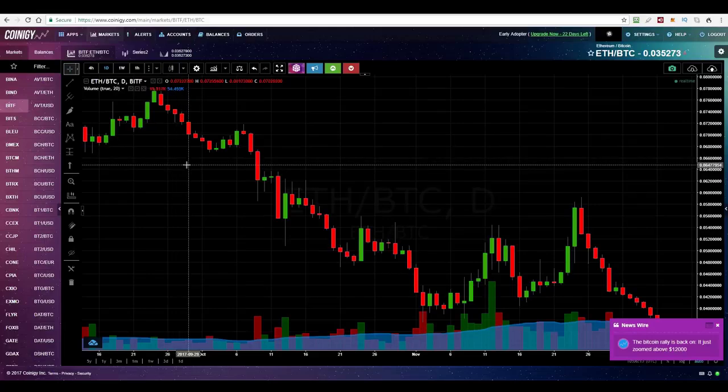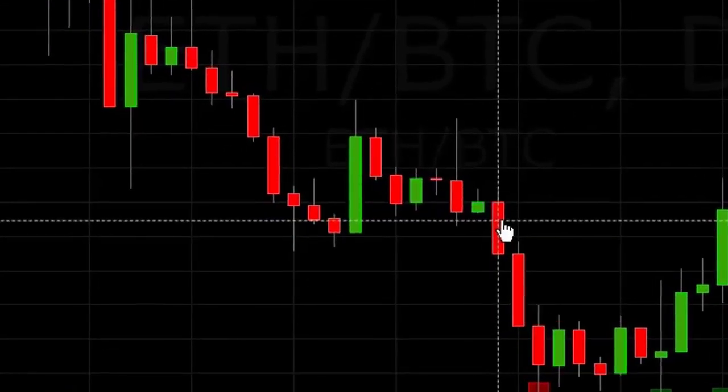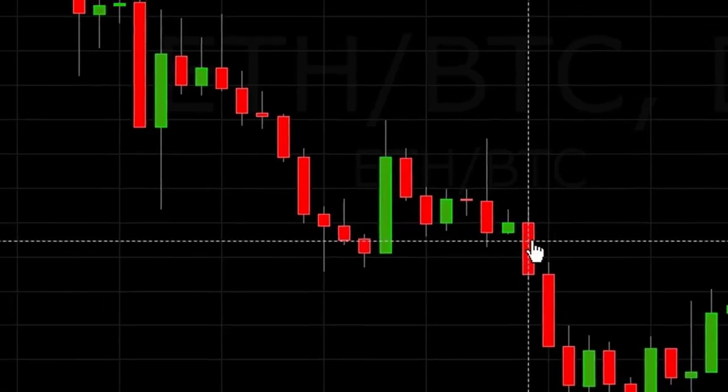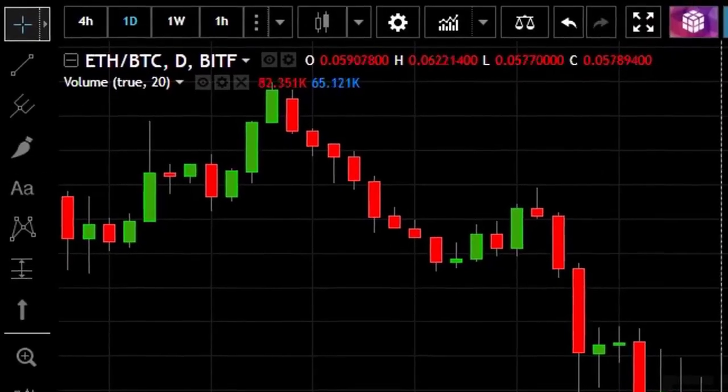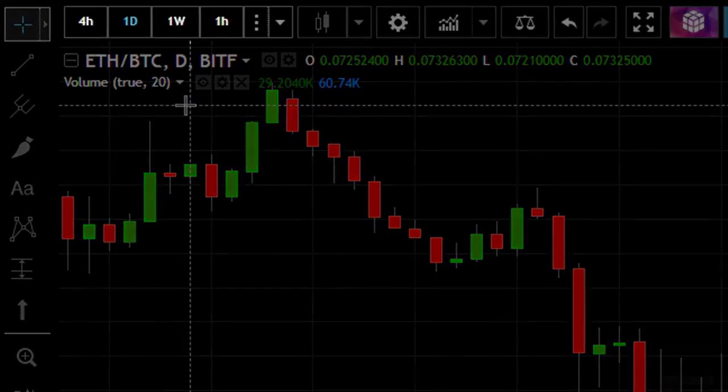So let's zoom in to one candle and then we'll look at the different components. Each candle at a glance is displaying what happened to the price in that period of time. On the top menu again, you have the ability to change the candles to display different time periods.